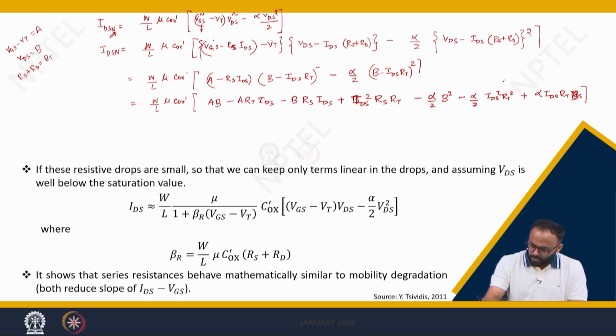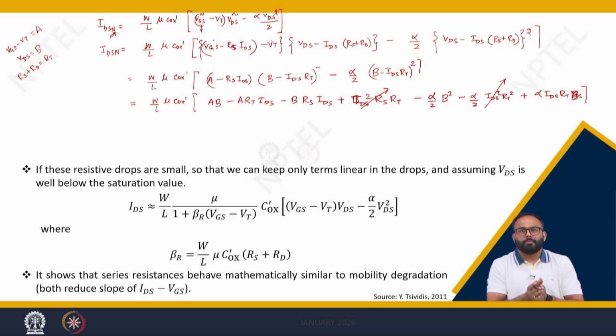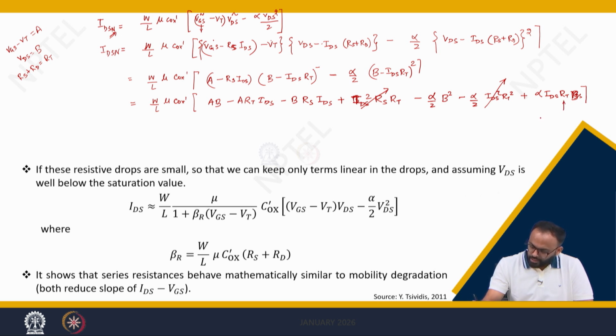So here we are ignoring these terms, as we have mentioned. We are solving this equation with some approximation. The first approximation is that the drop across the resistance is very, very small, and we are ignoring the higher order terms. And if you see here also, this is RT, meaning Rs plus Rd, into VDS. VDS is very, very small, so we can simply ignore that term also.